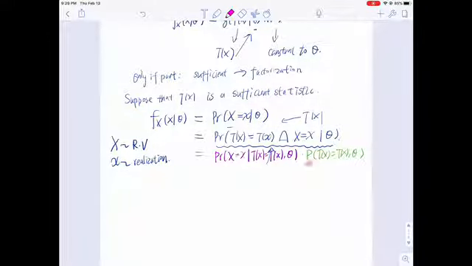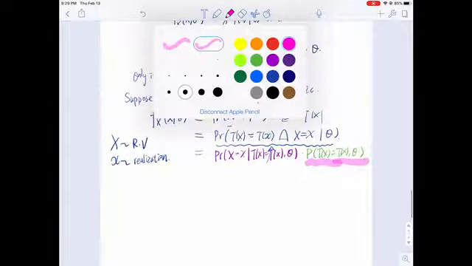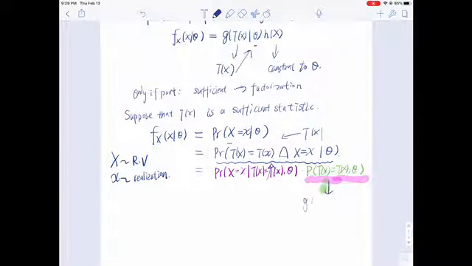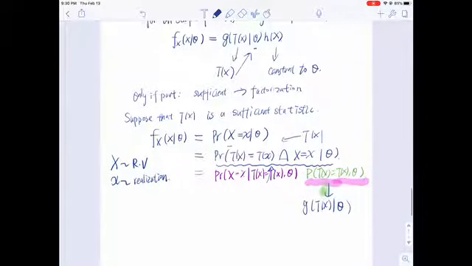Let's look at this marginal probability first. This is a good candidate for g(T(x)|theta), because it's a function of T(x), but it can also depend on parameter theta. And on the other hand, this is a good candidate for h(x). Remember we said h(x) is constant with respect to theta. Let's pause for a moment and think about why.